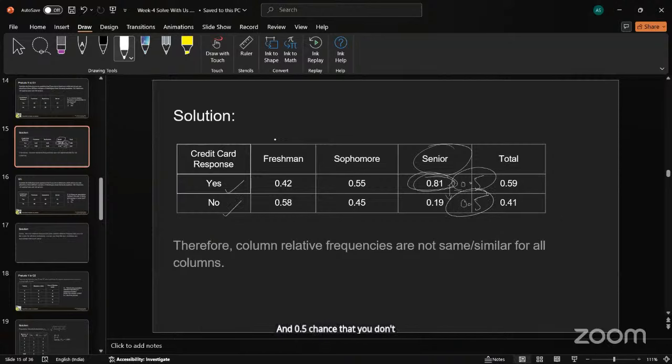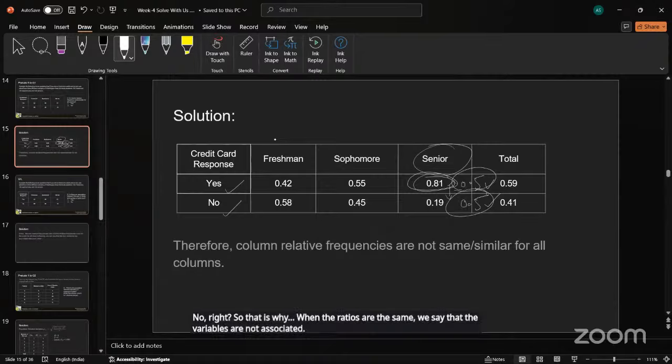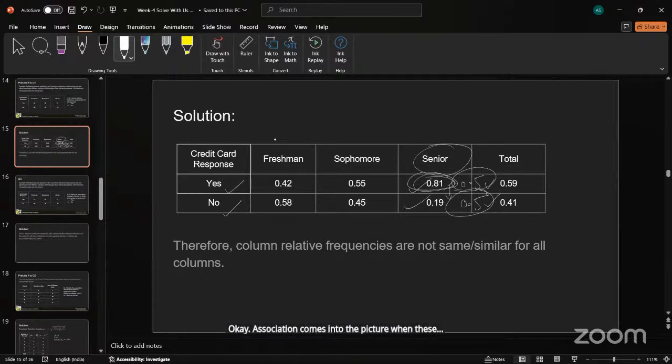Now, if a senior walks in, will you be able to tell whether he owns a credit card or not? No, right? So that is why when the ratios are the same, we say that the variables are not associated. Association comes into the picture when these ratios are different. You're getting this?